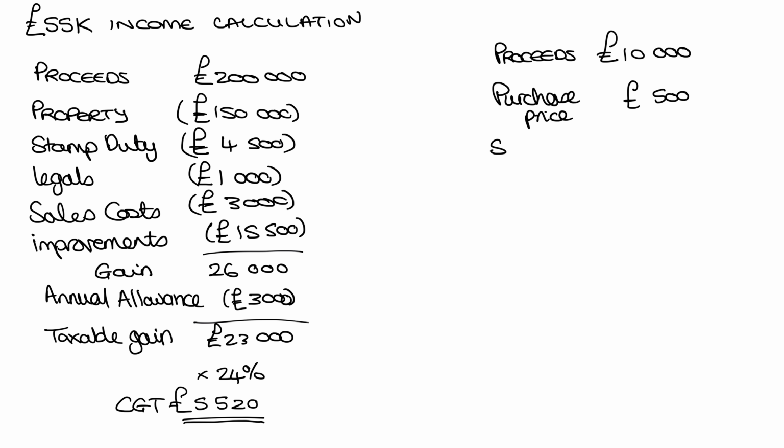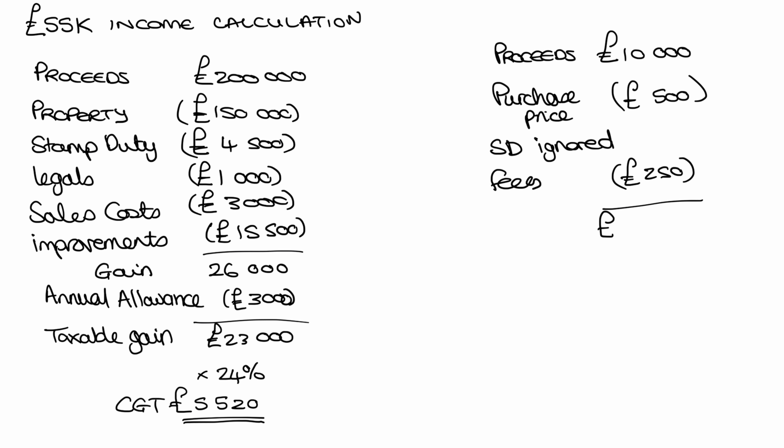We're going to ignore stamp duty because it will be minimal for us, and we are going to include some fees for the sale of £250. So on that basis, again, as we had before, we've got a 9,250 gain.